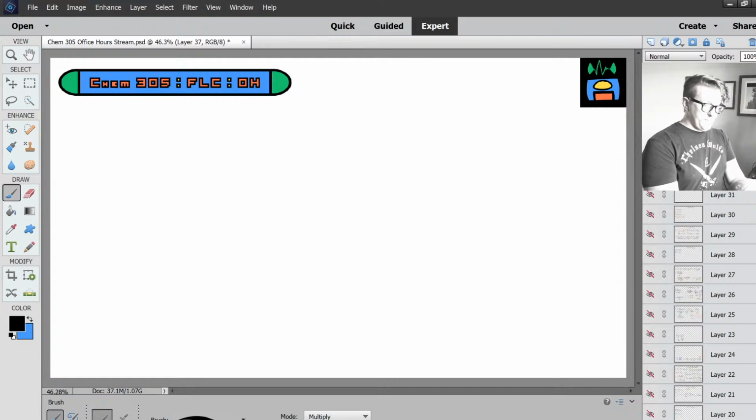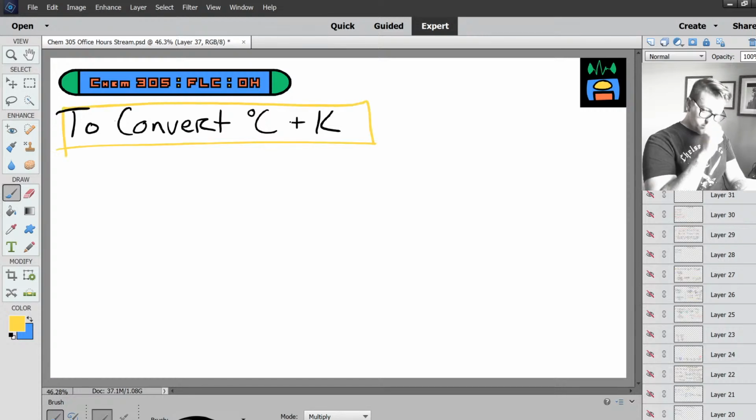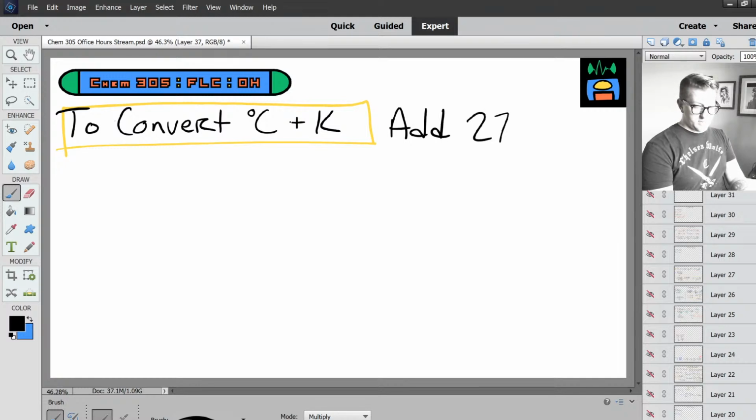So to convert degrees C to Kelvin, you add 273. All right, so you add 273.